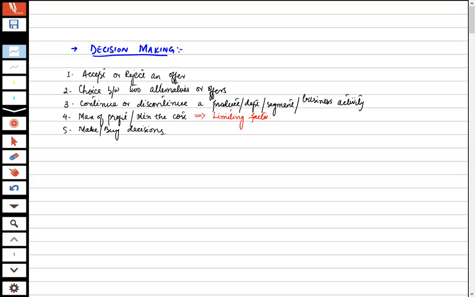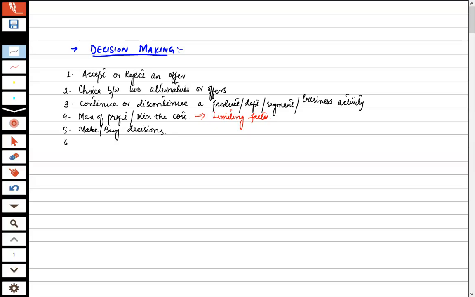In that scenario, buying the product from an outside organization would be better. So we have to see through calculations whether we make the thing, or purchase it from outside and then give it to our customers.